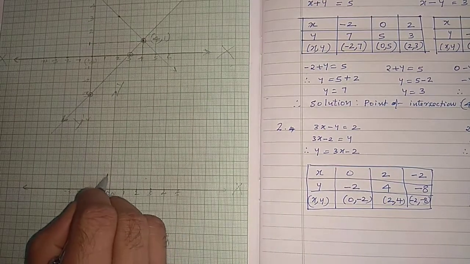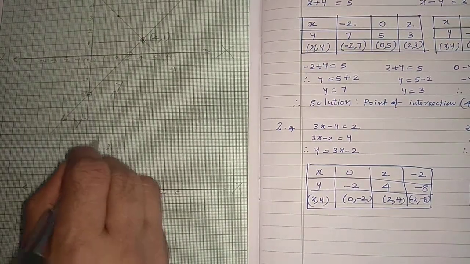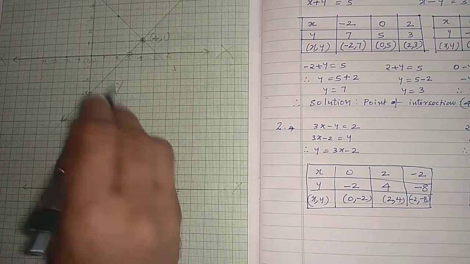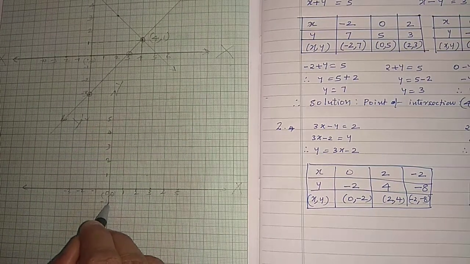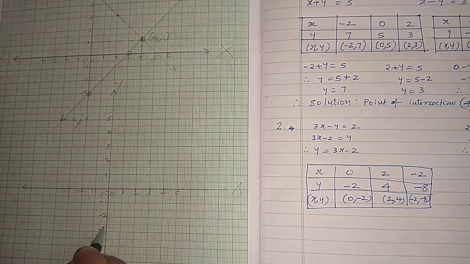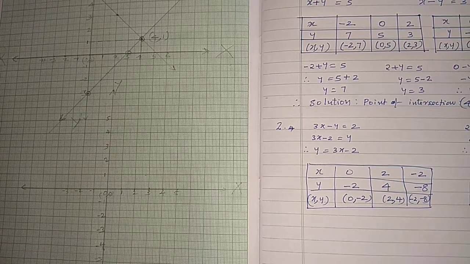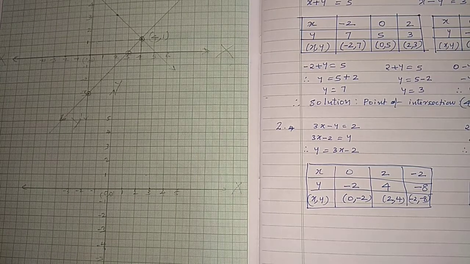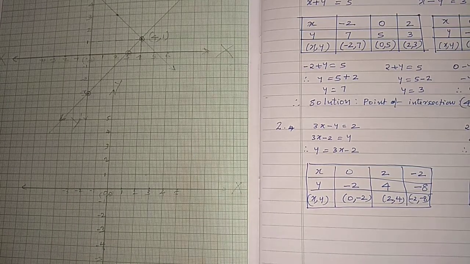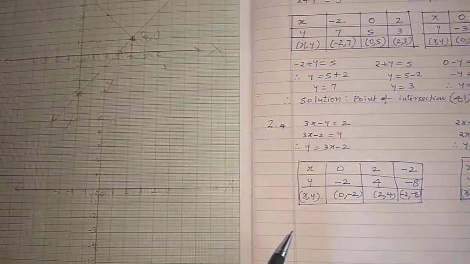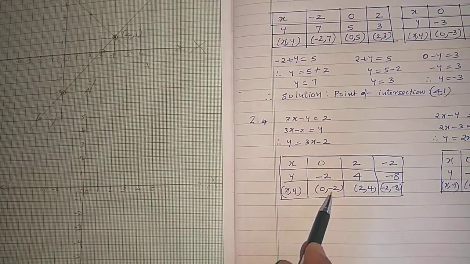From here 1, 2, 3, 4, 5 and so on. Here minus 1, minus 2, minus 3, minus 4, minus 5, minus 6, minus 7, minus 8.